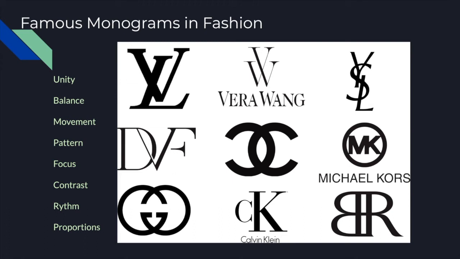So the Louis Vuitton, the way that they're combined, the L and the V, made it seem like something completely new. Like the Vera Wang. Do you see the V and the W? If you took one away, would it make a big difference? Or could you still tell what it is? Right?